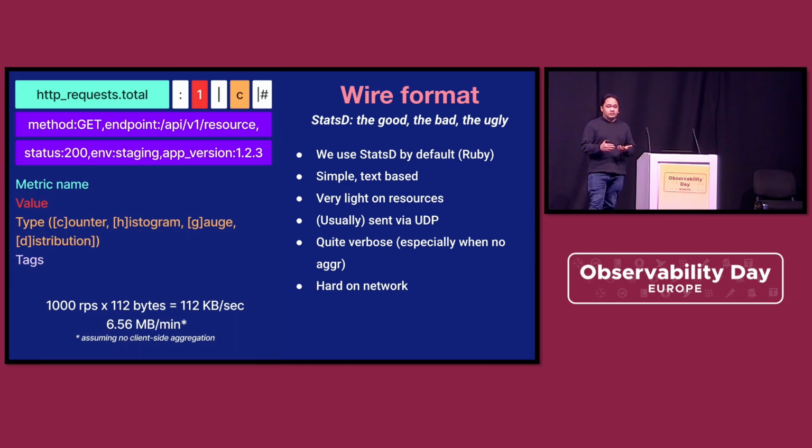It's usually very light on resources for the client and sent via UDP, but can also be quite verbose, as we can see here, for a single application where we're sending this statsd sample. If the application is receiving 1,000 requests per second, it will be producing about 6.5 megabytes of only statsd data. So it's very important to have aggregation on the client side.